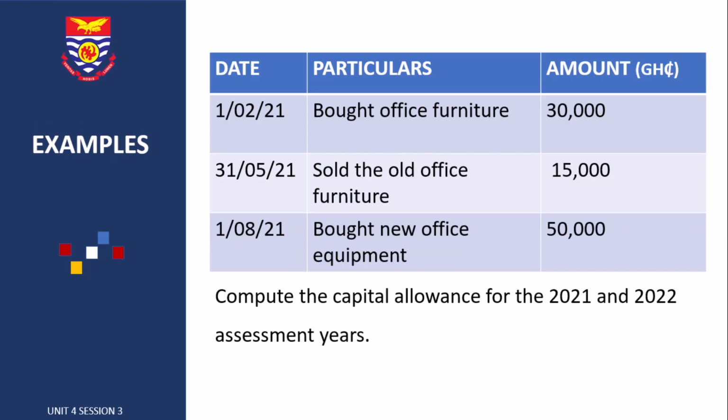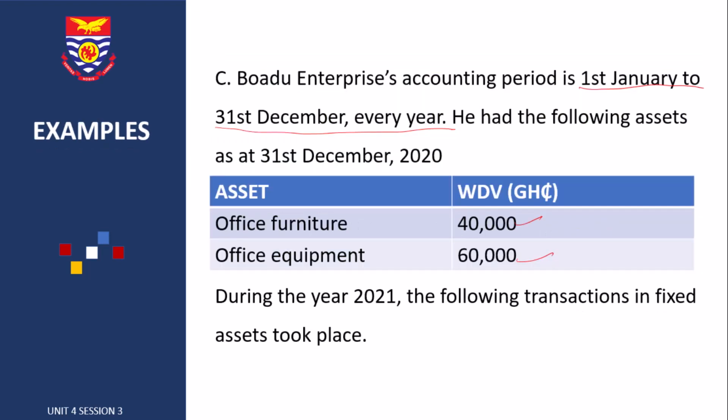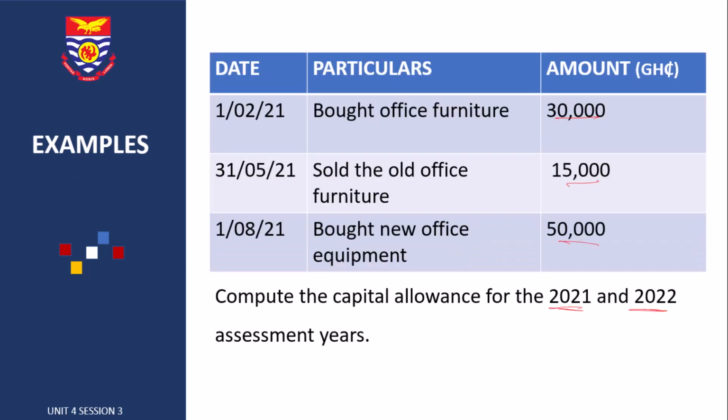We bought office furniture 30,000. We sold the old office furniture 15,000. We also bought new office equipment 50,000. We are supposed to compute the capital allowances for 2021 and 2022 assessment years. So let me go back. You look at the question again, and then we solve it.